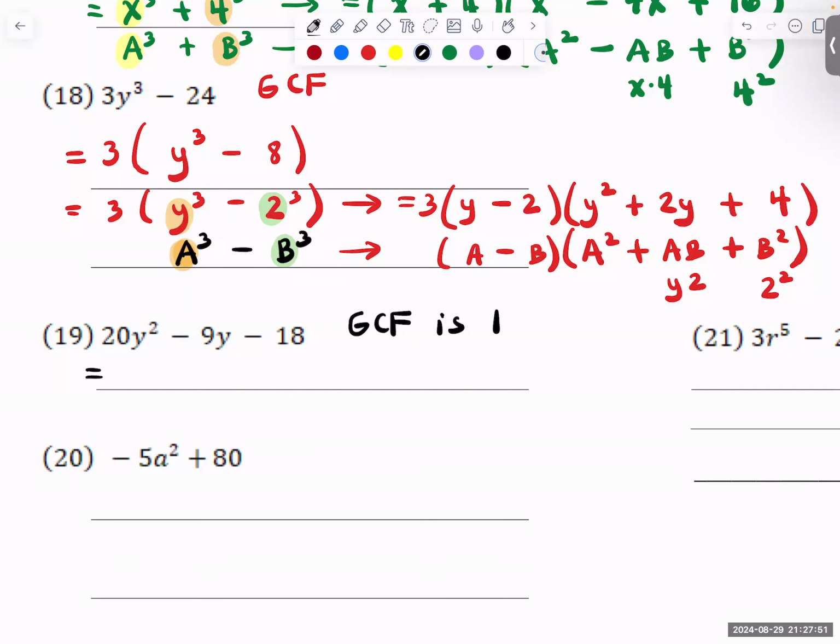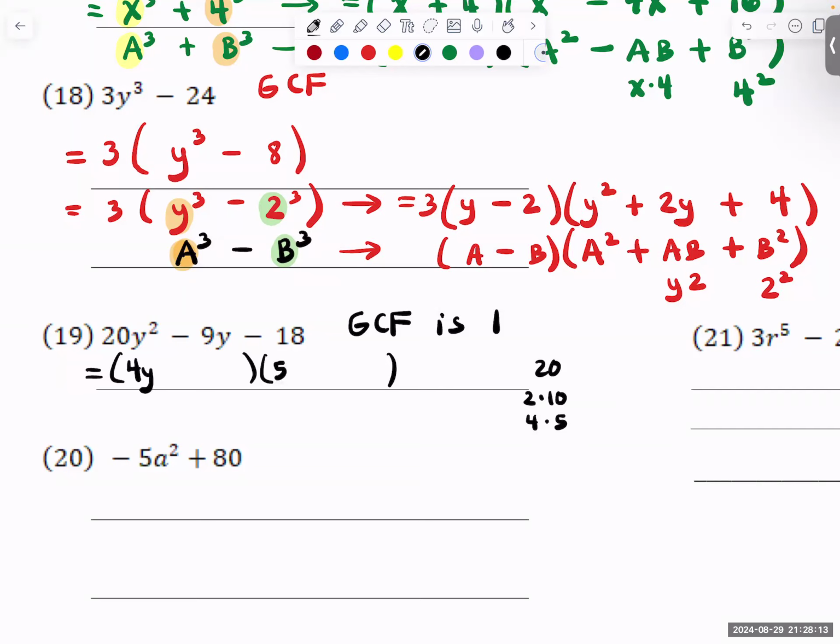Okay, so let's put down the 2 binomials. This is kind of our structure. 20 could be factored as 1 times 20, 2 times 10, 4 times 5. So let's try 4 times 5 first.